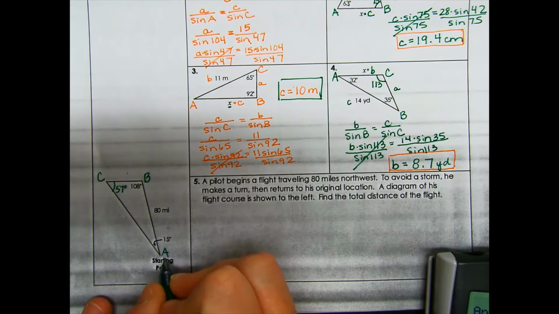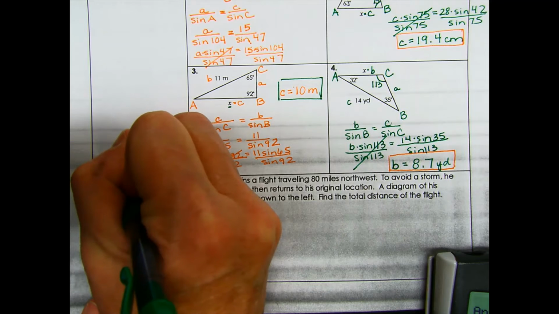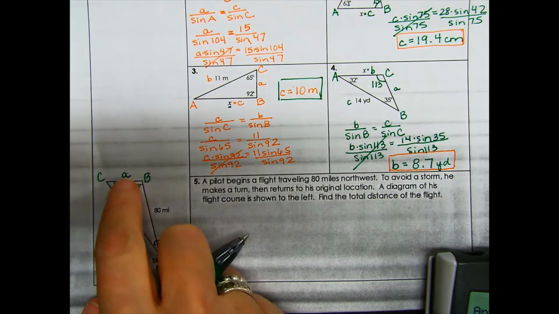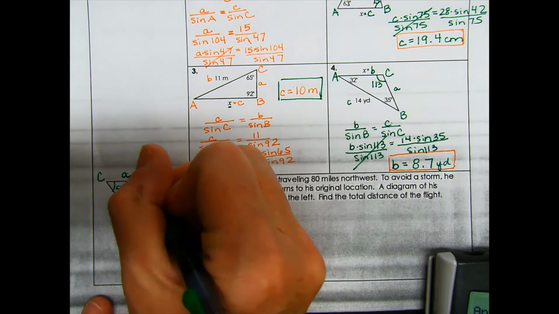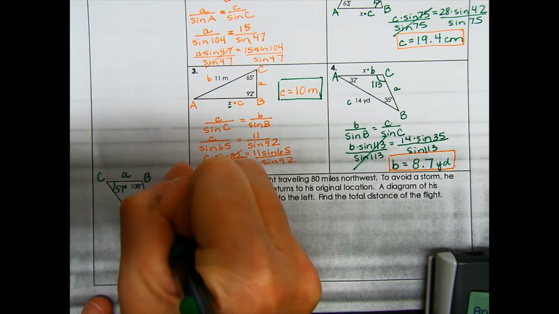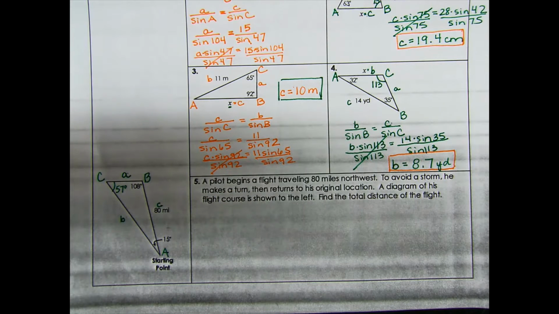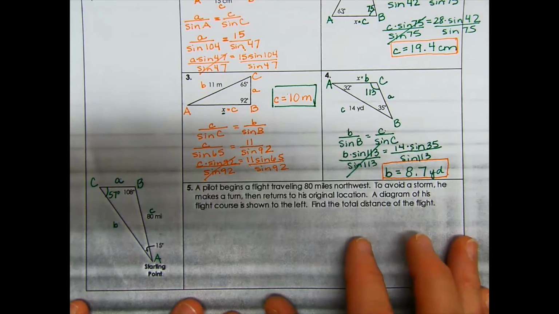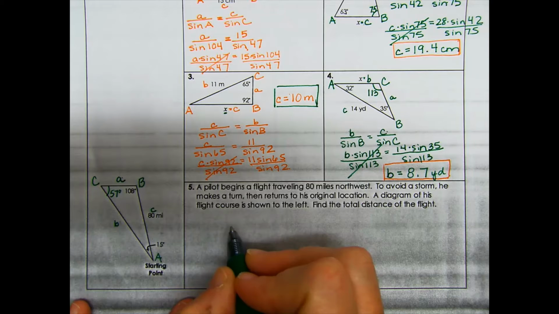Okay, then let's go ahead and be sure that we have our lengths marked. So a is opposite of angle A, b is opposite of angle B, and c opposite of angle C. So now we have it all labeled, and we can start using the sine rule in order to figure this out.